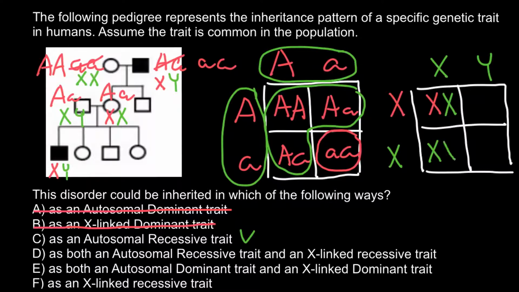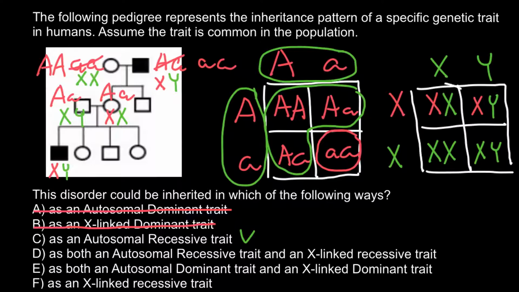Here, two normal X chromosomes inherited from both parents. Here, a defective X chromosome inherited from the mother's side and a normal Y chromosome inherited from the father's side. And here, a normal X chromosome inherited from the mother's side and a normal Y chromosome inherited from the father's side.